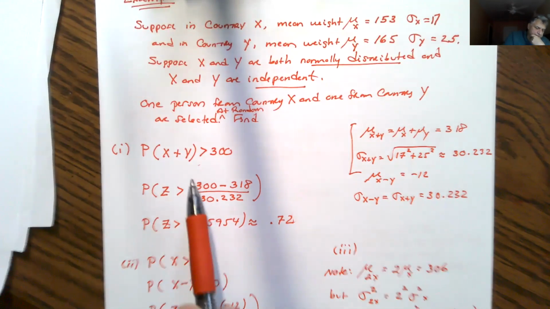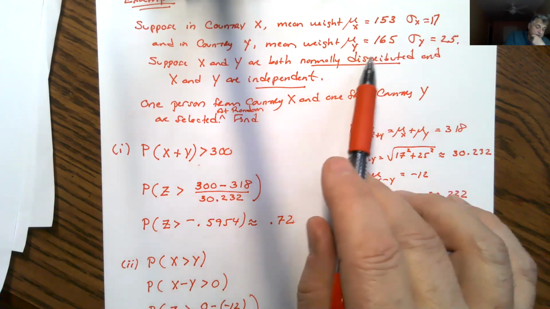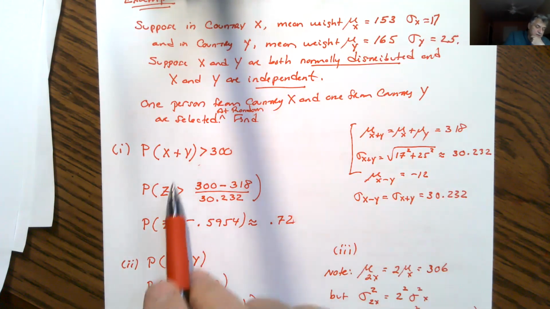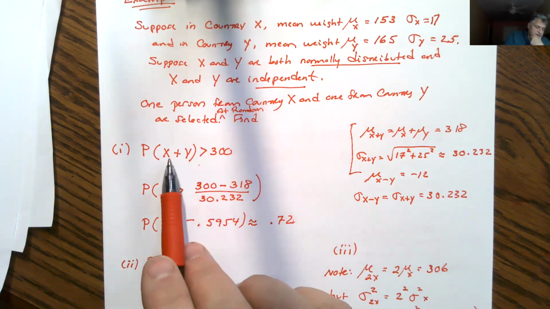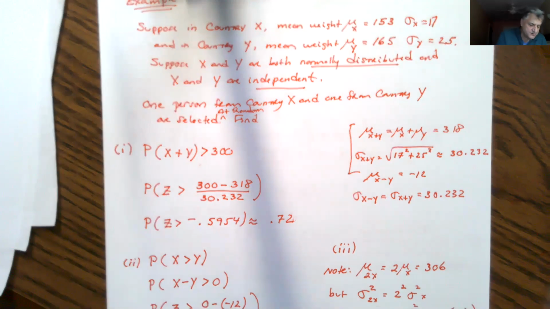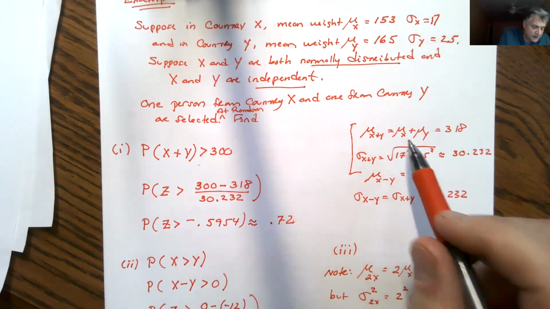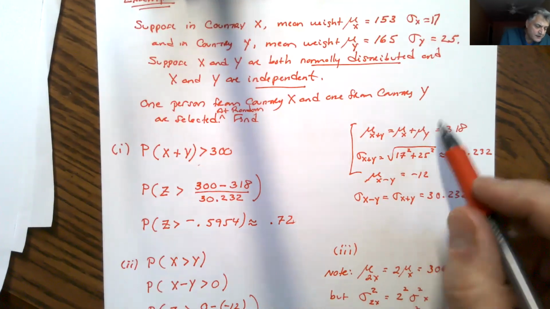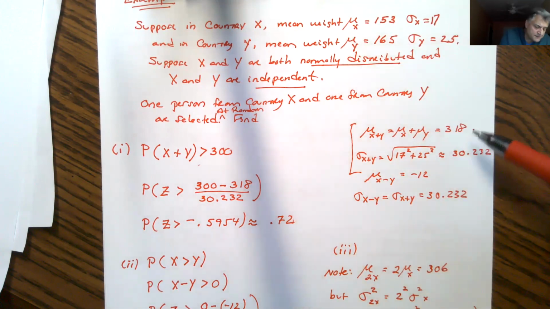Since the sum of two normal variables will be normal, I want to change this into a z-score. So I need to find the mean of x plus y and the standard deviation for x plus y, using the formulas we had before. Mu of x plus y is mu of x plus mu of y, so 153 plus 165 is 318.